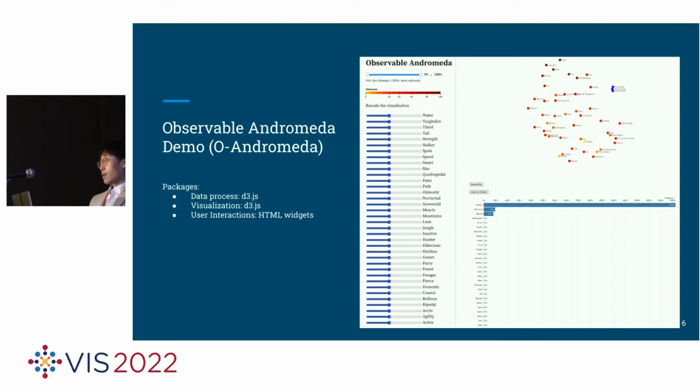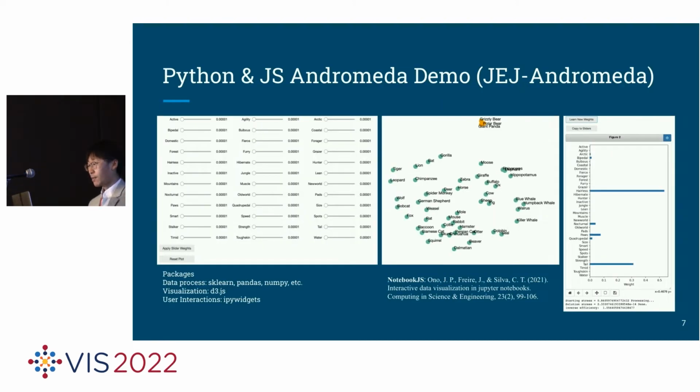All the code is implemented with JavaScript. The Python plus JavaScript Andromeda is also called JEJ Andromeda. We use the Python package called Notebook.js, which allows us to embed JavaScript code into the Jupyter Notebook environment, so that we can process data with Python and create visualizations with JavaScript.